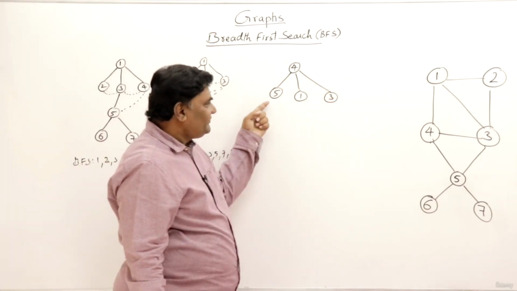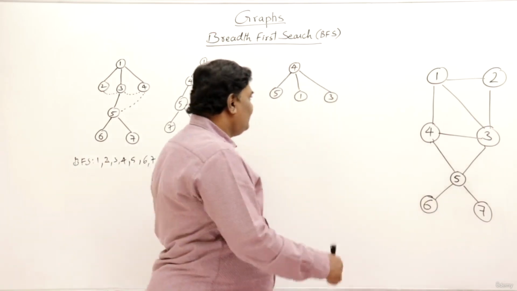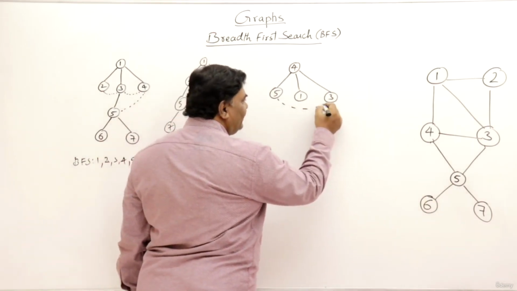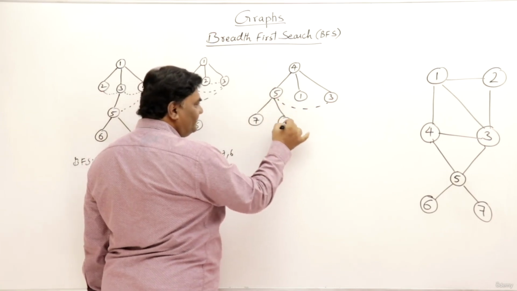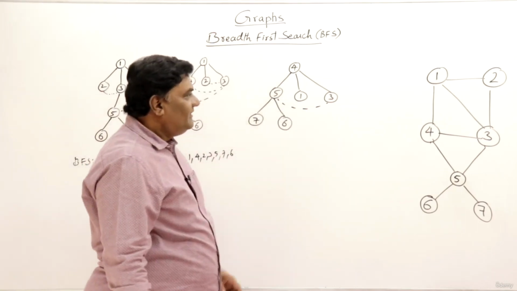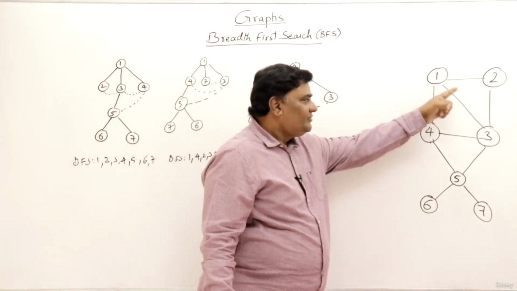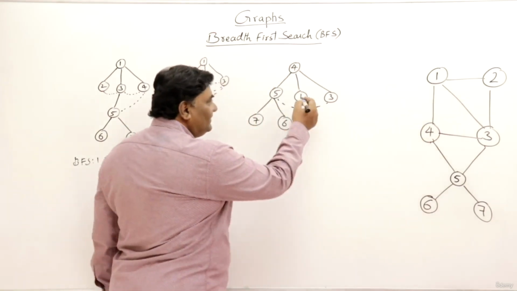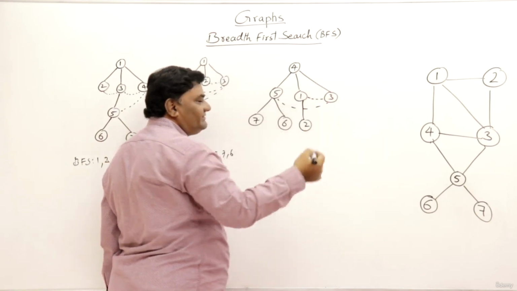Then whose adjacent I should take? 5. For 5, 3 and 6 and 7 are adjacent. So 3 is already there. So 6 and 7. So I will take first 7, then 6. Okay, no problem. I can take it. Then whose adjacent I should take? 1. So for 1, who is adjacent? 2 and 3. So for 1, 2, I will draw it. 3, it's already adjacent.